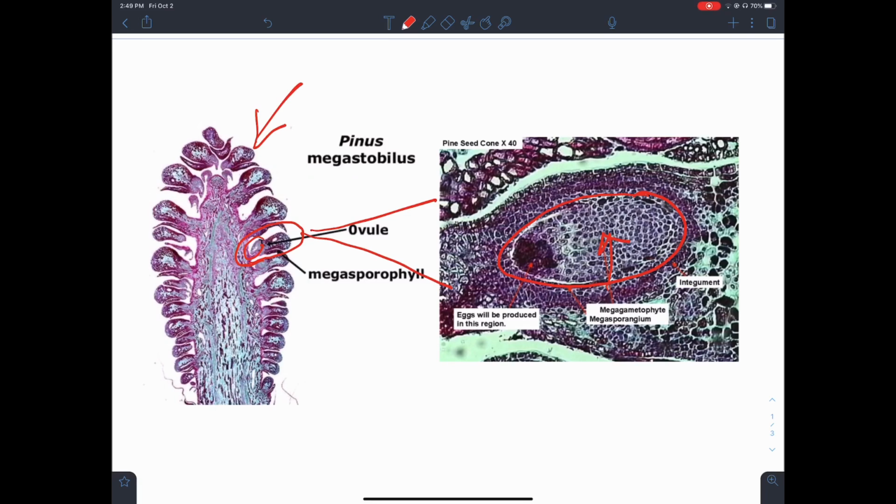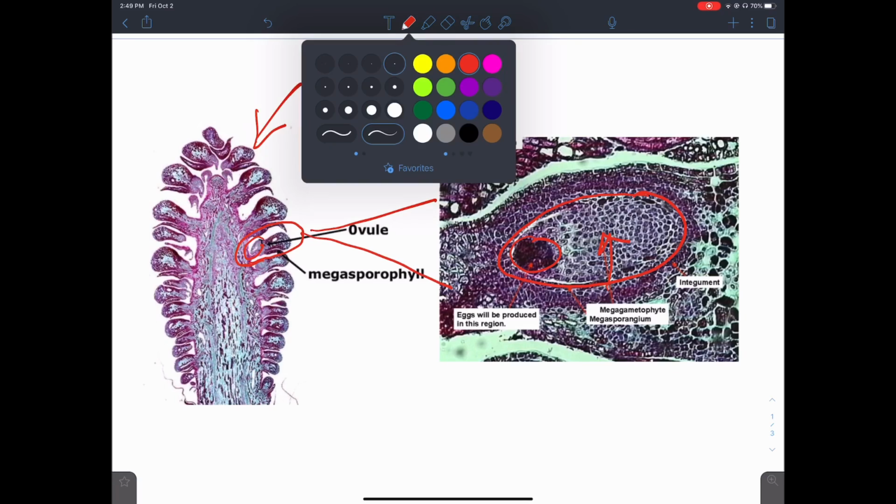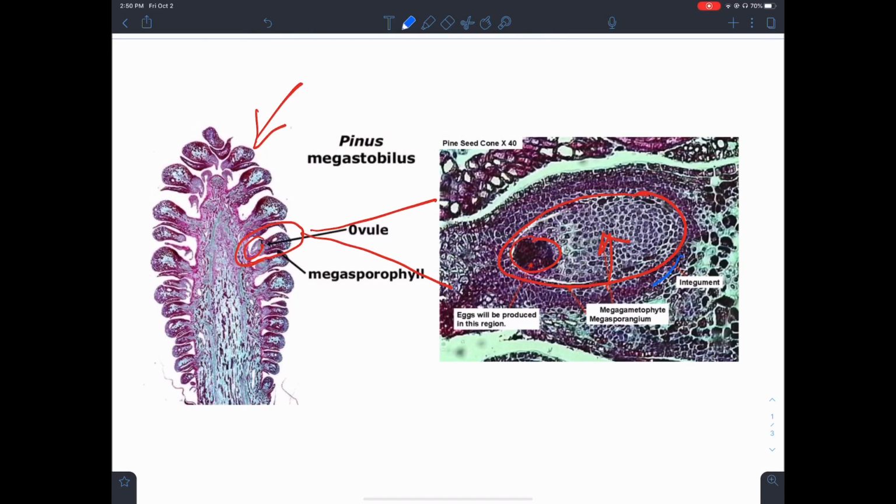Okay, now that differentiates to have archegonia, eventually produces an egg, and now you have your female gametophyte ready to be fertilized. And all of that is inside of the integument. As you see here, the integument is secondarily derived from the plant. It's outside of the megasporangium. So it's a new structure that encases the megasporangium, and that eventually becomes part of the seed coat.